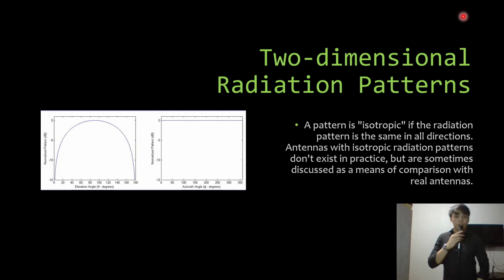So two-dimensional radiation patterns: a pattern is isotropic if the radiation pattern is the same in all directions. Antennas with isotropic radiation patterns don't exist in practice but are sometimes discussed as a means of comparison with real antennas.